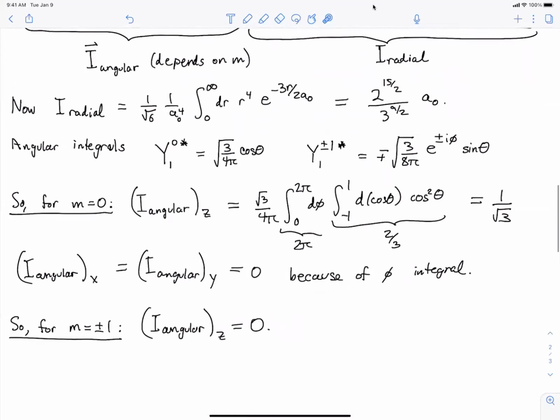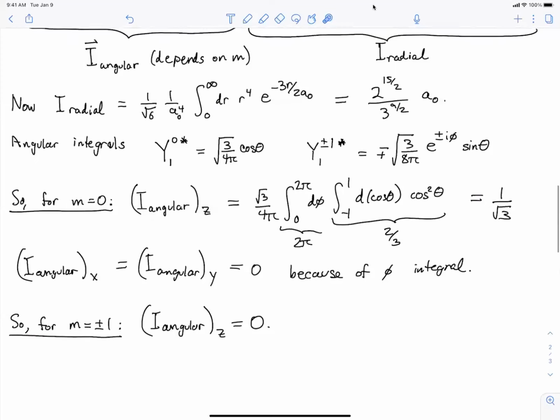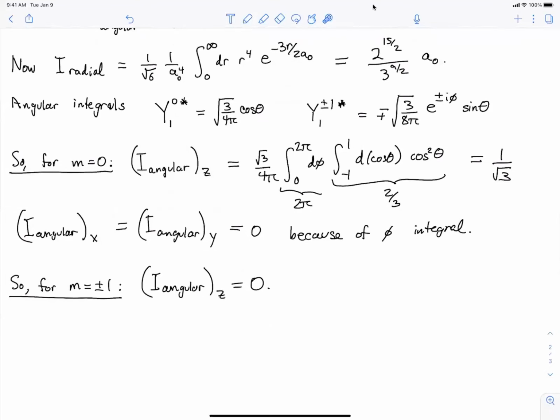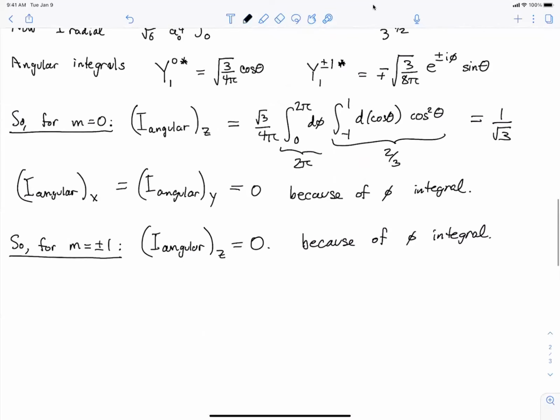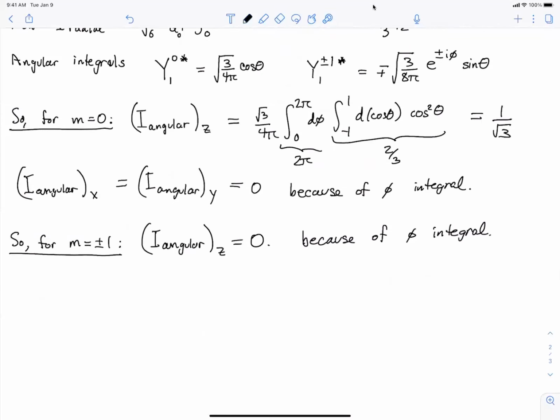So once again, when we integrate phi from 0 to 2 pi, you integrate a single trigonometric function, not sine squared, but just sine or cosine, you get 0. That's again because of the phi integral. So a good strategy is to scout ahead by looking at the phi integral before doing any of the rest of the integral to figure out whether or not it's destined to vanish.